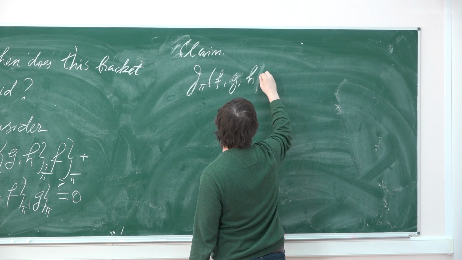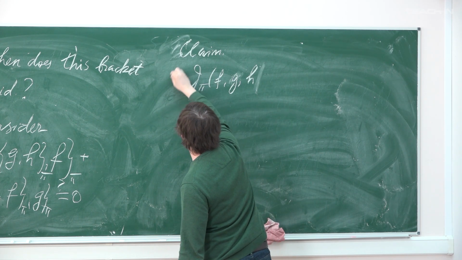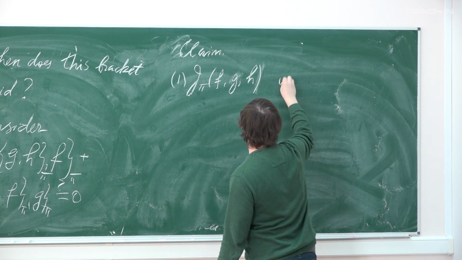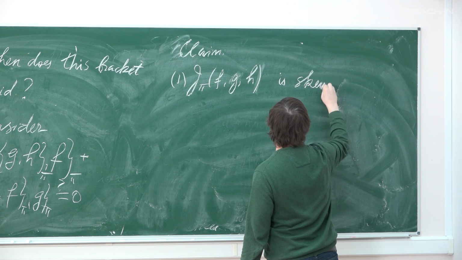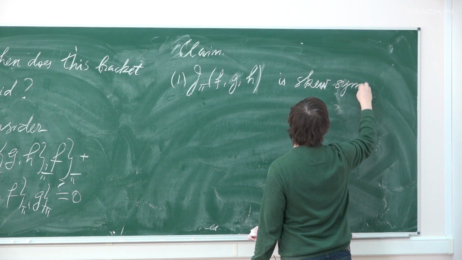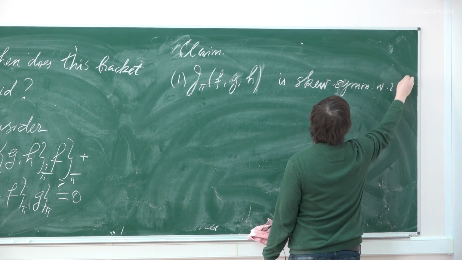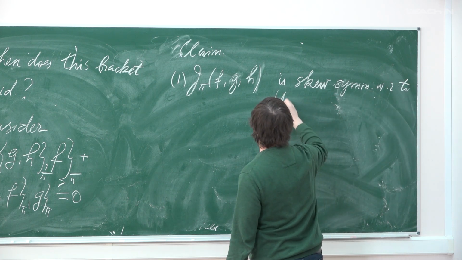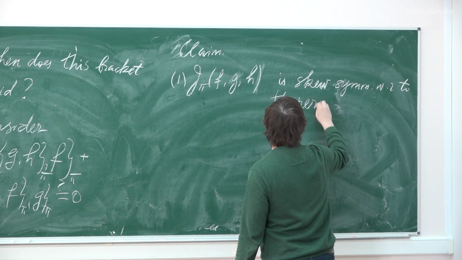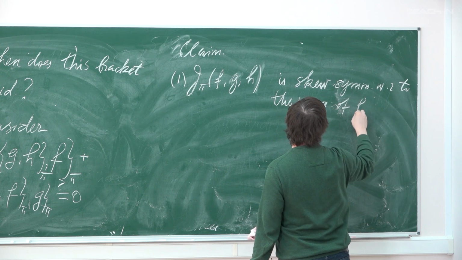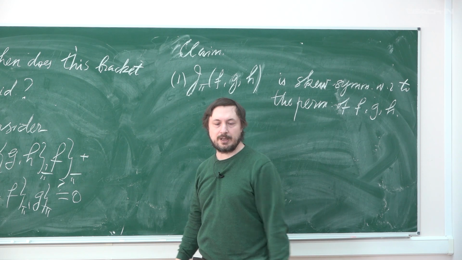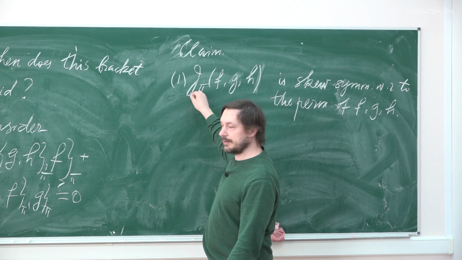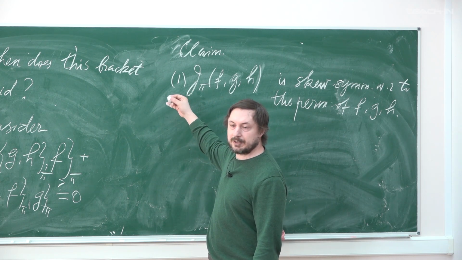First, it is skew-symmetric with respect to all permutations. That is to say, when we permute f, g, and h, we earn the sign equal to the sign of the permutation.